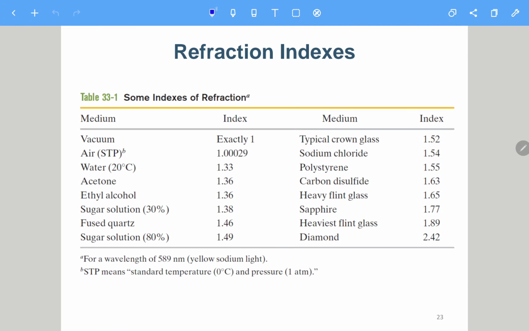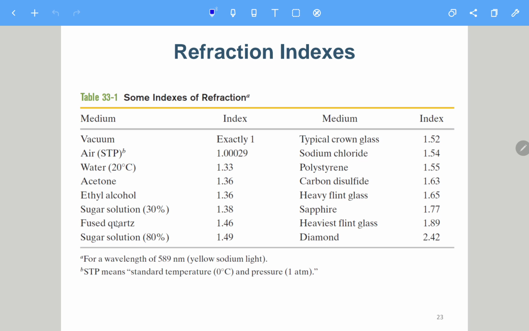Okay, so this is a table that summarizes the indexes of refraction for different materials. For vacuum, it is exactly 1. For air, even though it's not exactly 1, it is quite close, only 1.00029, so we usually regard it as 1. If it is water, it is roughly 4/3.